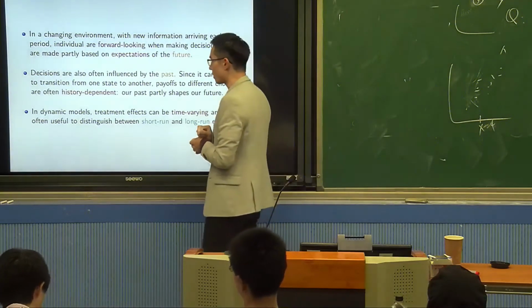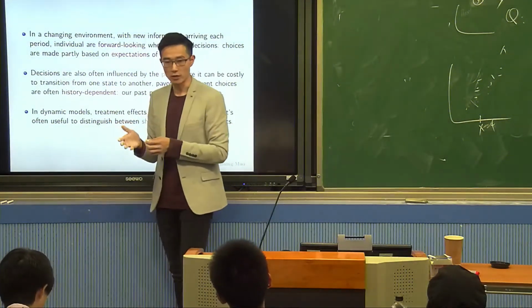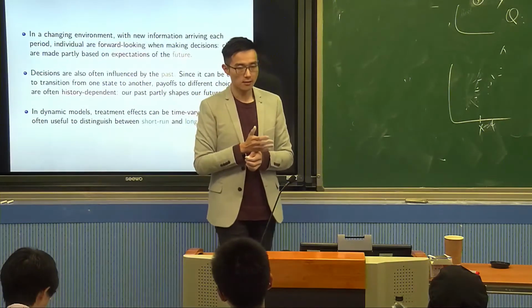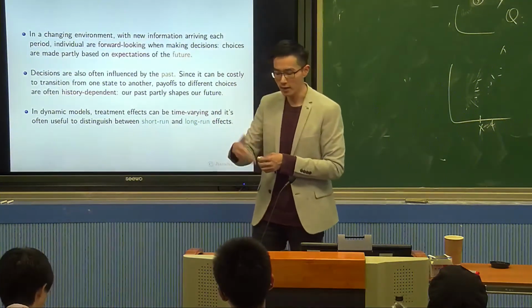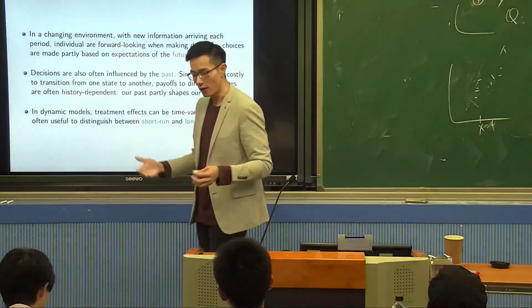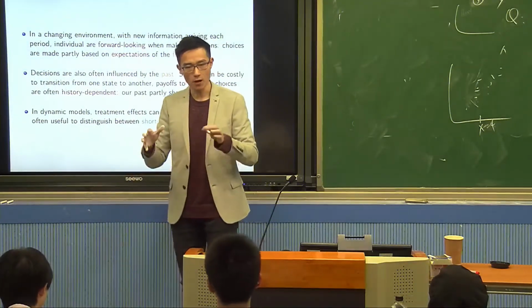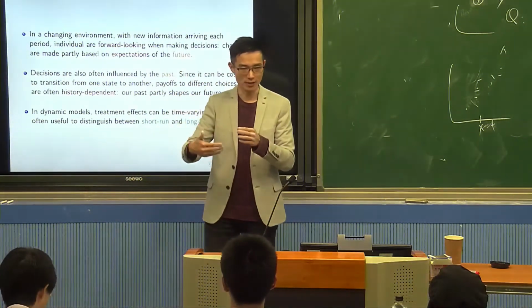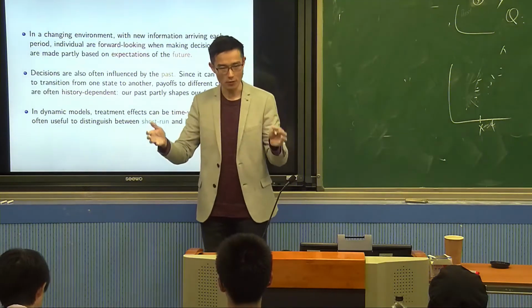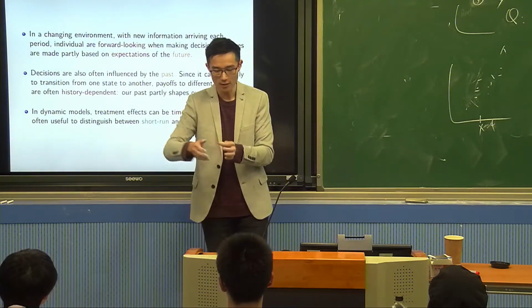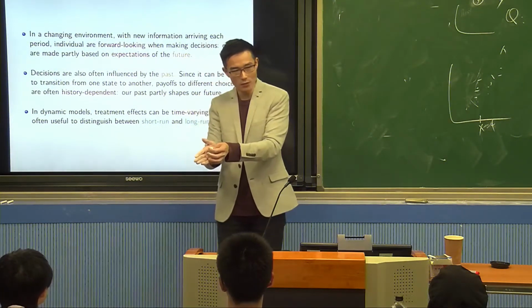The second feature of that model is that your decision is also influenced by your past, in the sense that anytime you make your choices, you are confined by the constraints that are partly defined by the path you have already taken. It's like the Robert Frost point. Once you have chosen the road, you cannot go back, right?